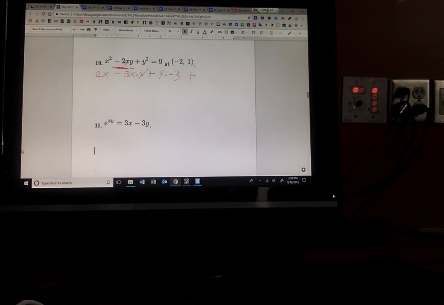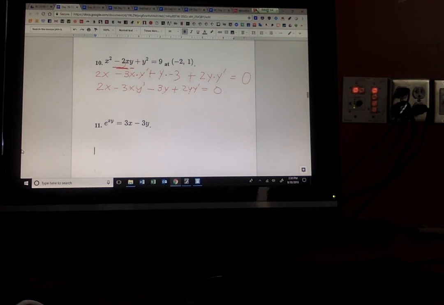What's the slope of y squared? 2y y dash. Okay. What's the slope of 9? 0. What is your friend? Rewriting. Rewrite it to make it cleaner. So 2x minus 3xy dash minus 3y, very good, plus 2y dash equals 0.